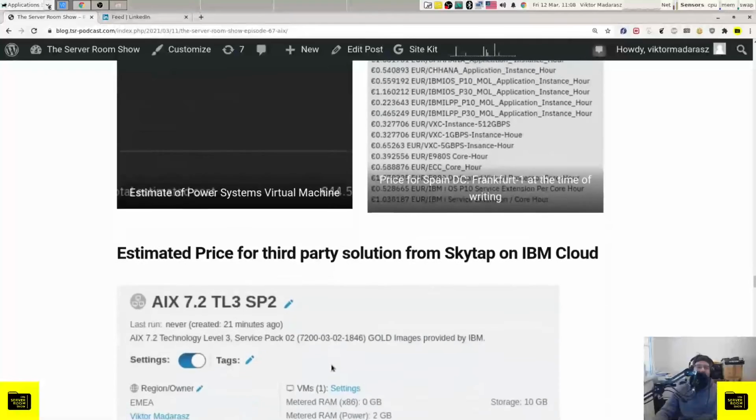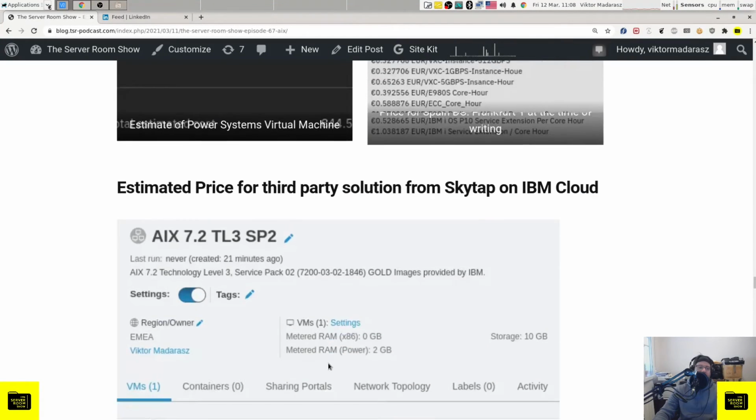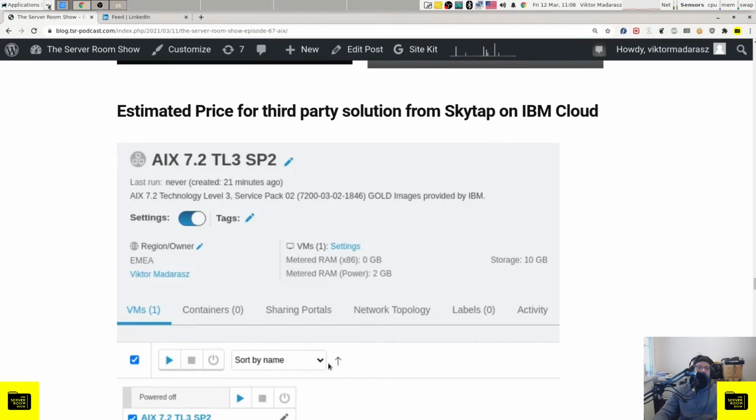And I have to say that as much as estimates go, I pay less for the SkyTap one.